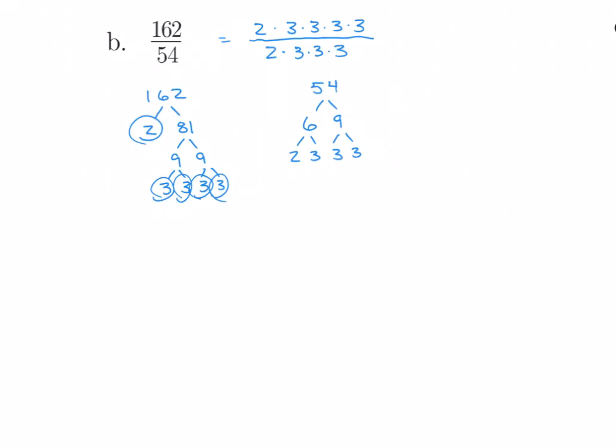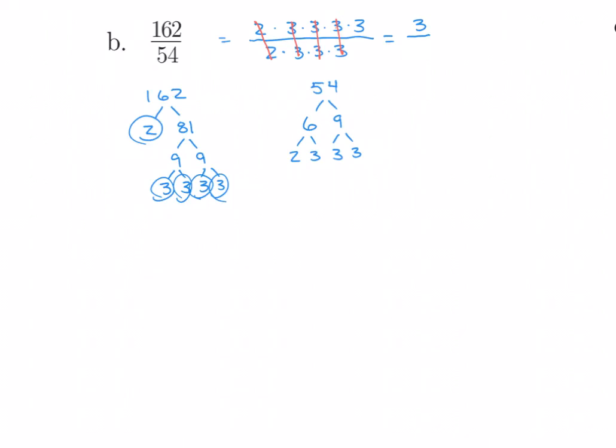All right, we can now cancel, so I can cancel a 2, and I can cancel three 3s. Now if we multiply what's left, I have 3 on top. What do I have on bottom? Well, note that when we cancel, we're actually dividing.